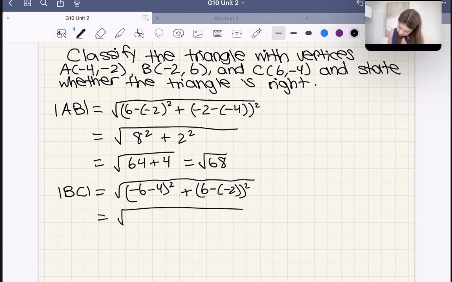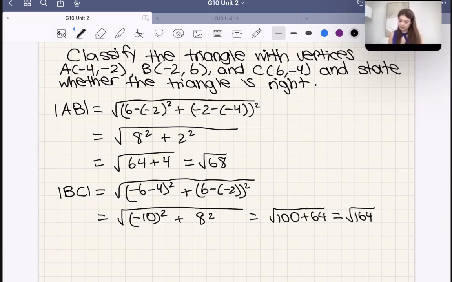So that's going to be equal to -10 squared plus, is that right? Yep. Okay. Plus 8 squared is going to be equal to 100 plus 64, which is root 164. Okay, so those two, so far we can't have an equilateral triangle. We got 2 different ones.